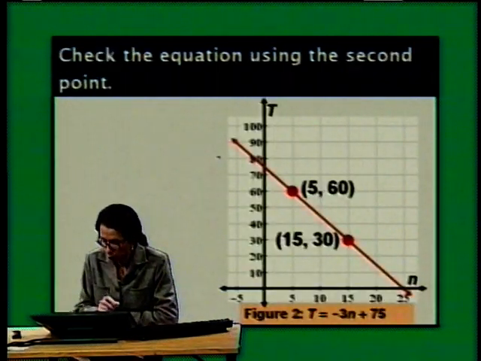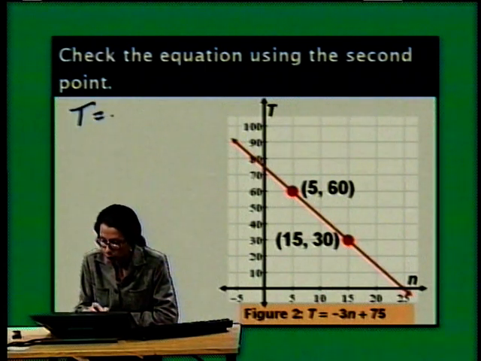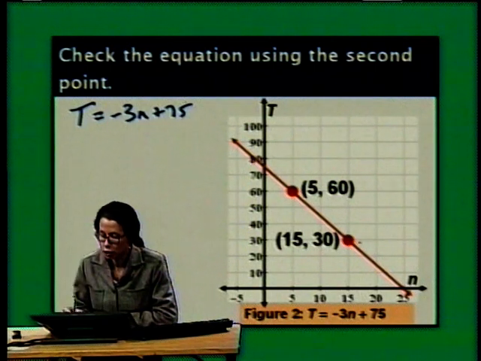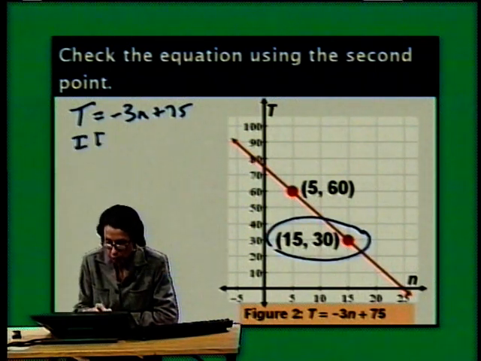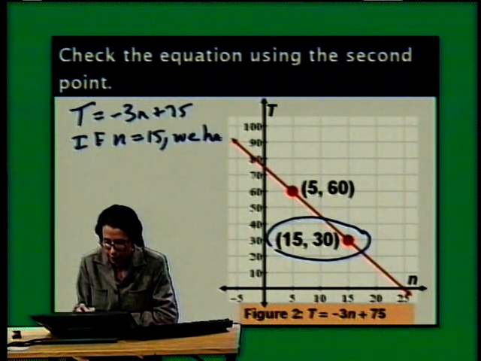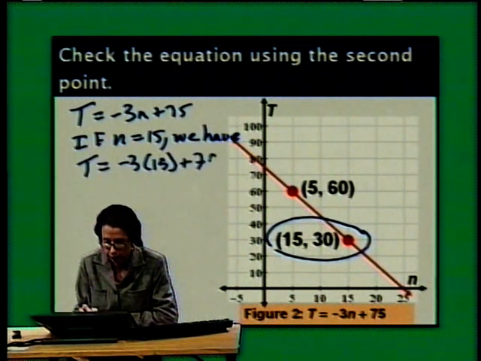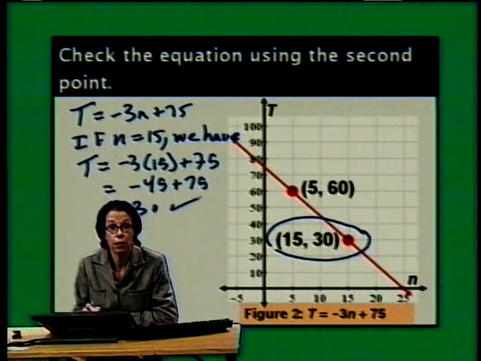So my equation was t equals negative 3n plus 75, and I want to check using my second point. So if n equals 15, we have t equals negative 3 times 15 plus 75, which is negative 45 plus 75, which is indeed 30.